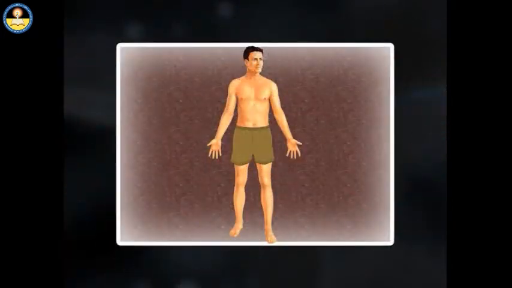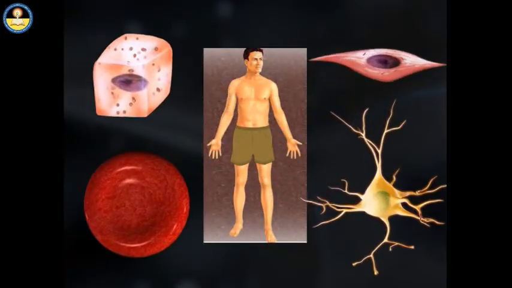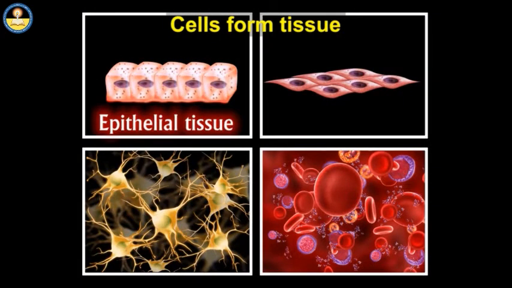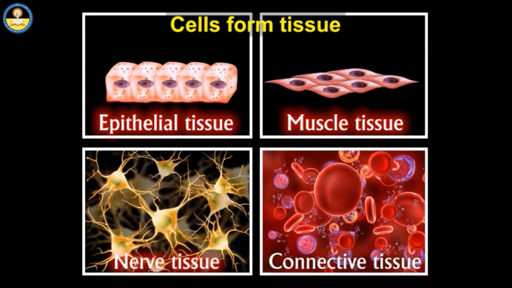Our body has different types of cells, and based on the types of cells, tissues are also of different types. Four types of tissues are present: epithelial tissue, connective tissue, muscle tissue and nerve tissue.